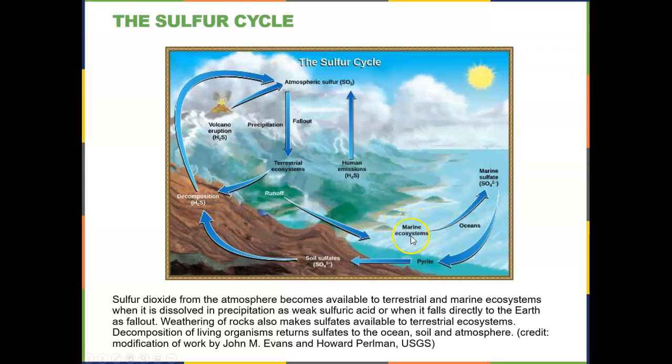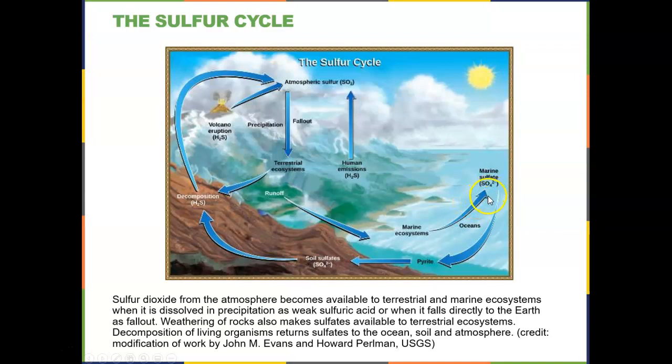Now over here on the marine ecosystems, we see that there is a cycling, no atmospheric component, but a cycling of marine life taking up available sulfur into their biomass.